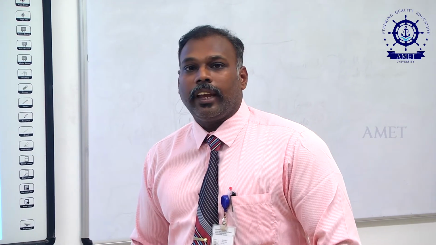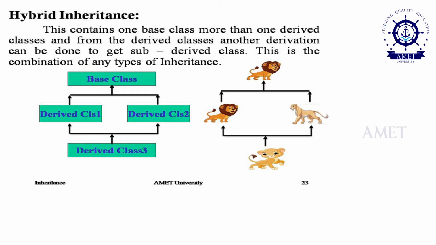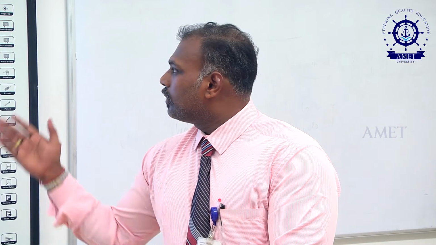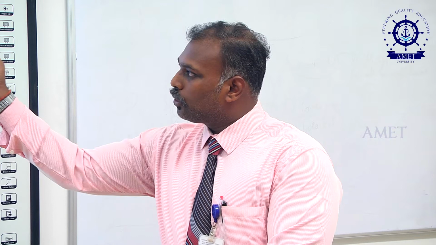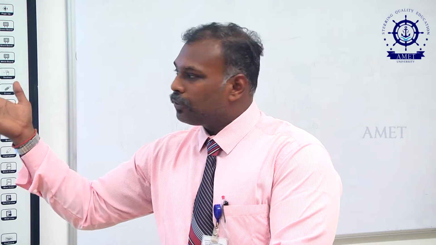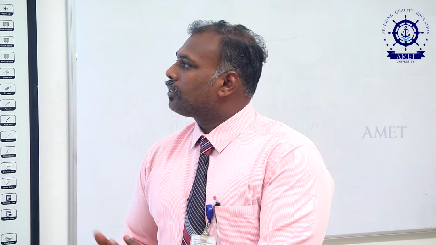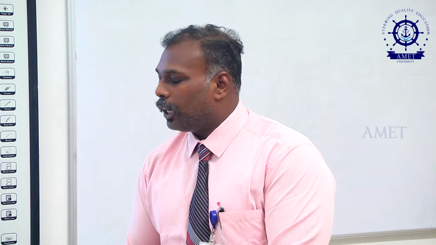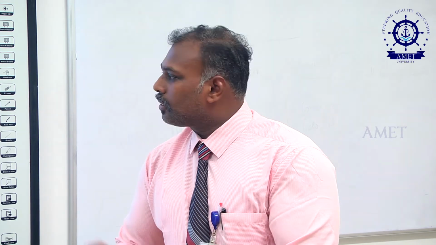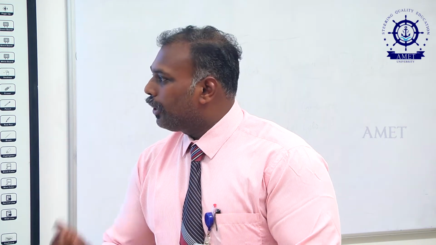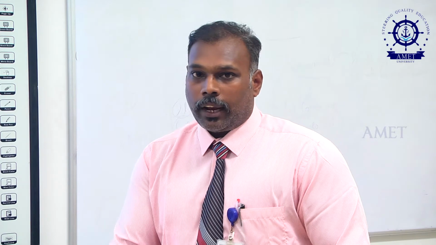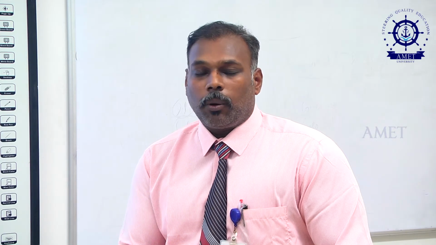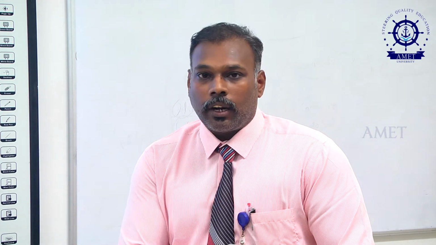Coming to the example: class animal, animal is the base class, class lion, lion is derived class 1, and class lioness is derived class 2. Here we are using the access specifier public, and the base class name is animal. Here also the base class name is animal. The last derived class is lioness, so for lioness we create the object, and in the meanwhile we create the object for derived class 1 also. Why?